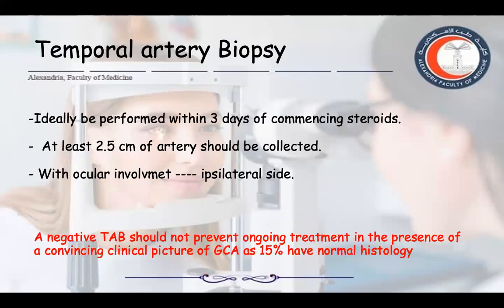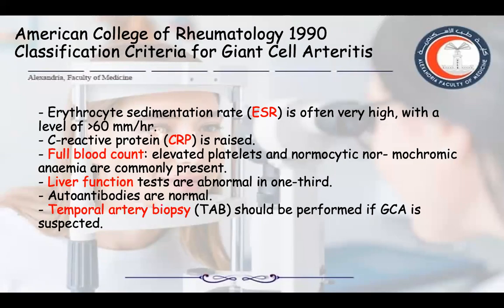Before discussing the temporal artery biopsy, I will enumerate the American College of Rheumatology criteria for diagnosing GCA. These are 5 criteria: ESR of at least 50, age of onset at least 50 years old, new headache, temporal tenderness, and temporal artery biopsy showing vasculitis and infiltration by multinucleated giant cells.